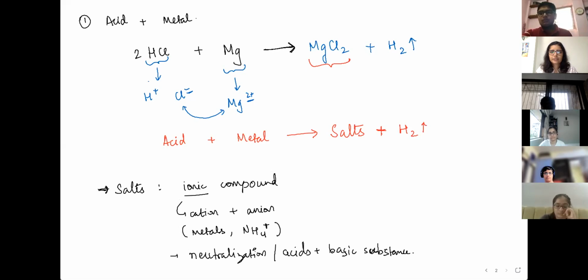Okay. All right. So next, when it comes to reaction, put the heading reaction of acid with metal and note down the part that I have written in red. So note down the generalized equation, and I'll also give you the formula based equation.